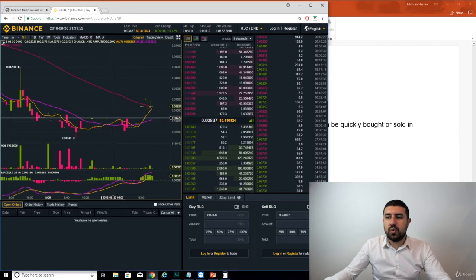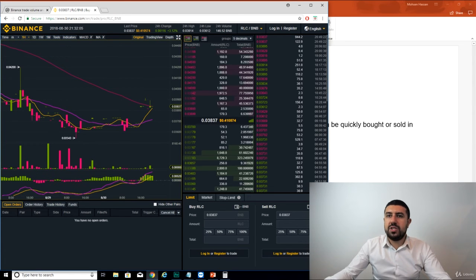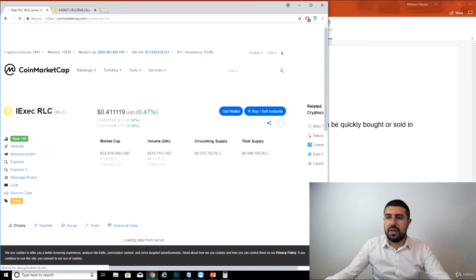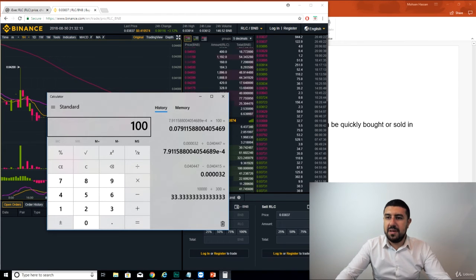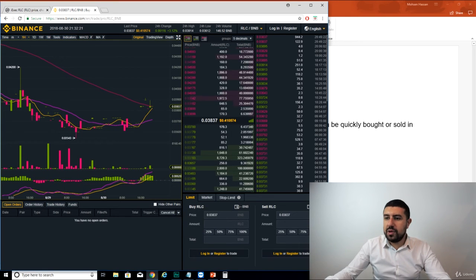So that's why you would see all these lines, because it's a very illiquid coin. Now, if I look here, what is the price of one of these coins? They trade at 41 cents. So if I wanted to sell $10,000 divided by 41 cents, I would have to sell 24,000 coins. So let's see, can I sell 24,000 coins?